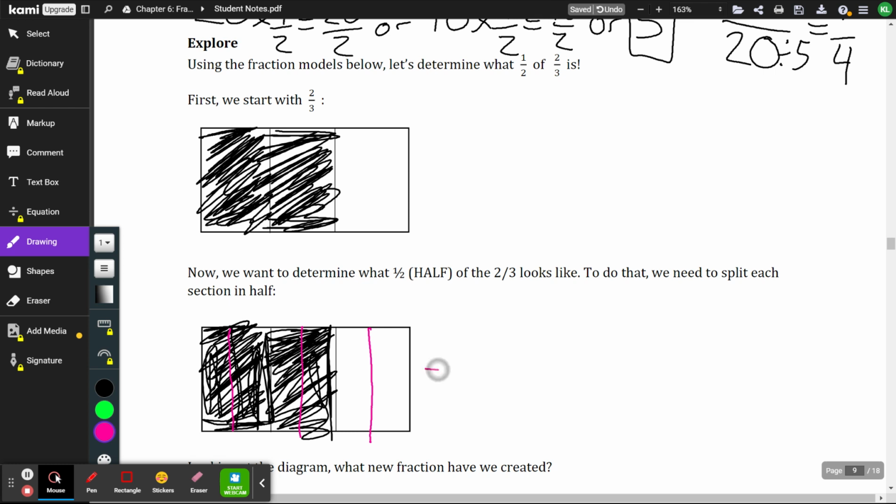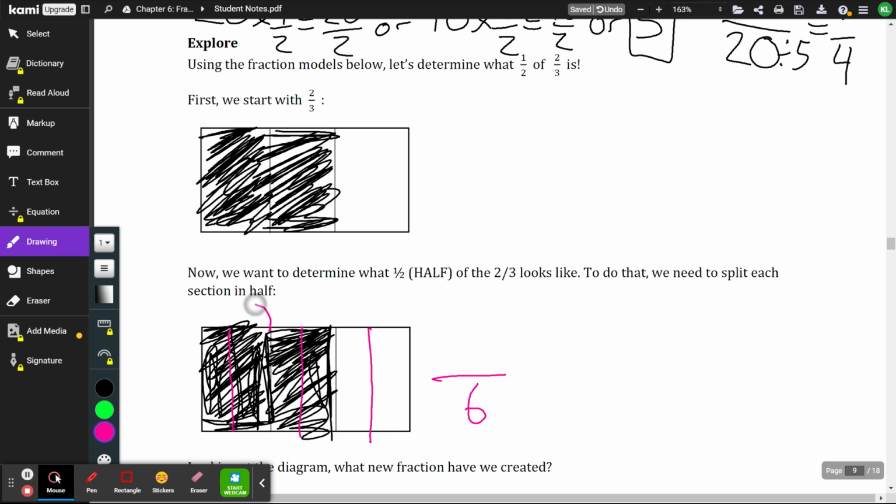I've changed how many parts out of a whole. So now I have this out of 6. And so I have 4 pieces here for 2/3.